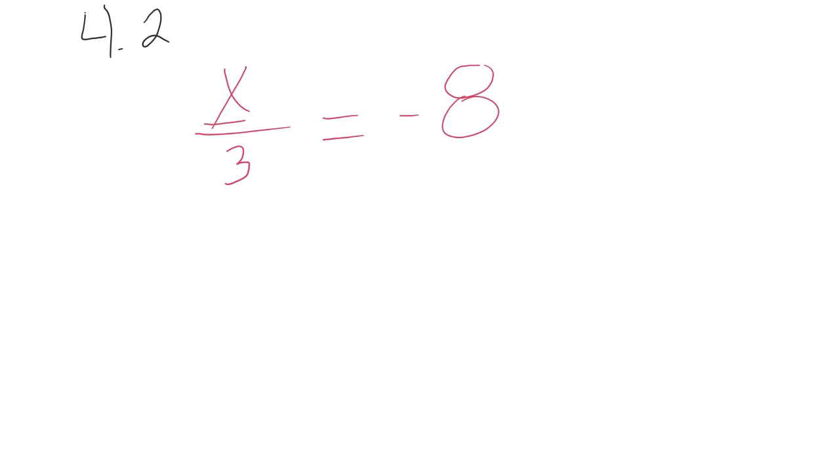Again, we want to get this x by itself. So right now we're dividing by 3, so we're going to multiply both sides by 3. To cancel this out, we're left with x equals negative 8 times 3. Remember, different signs, negative 24.